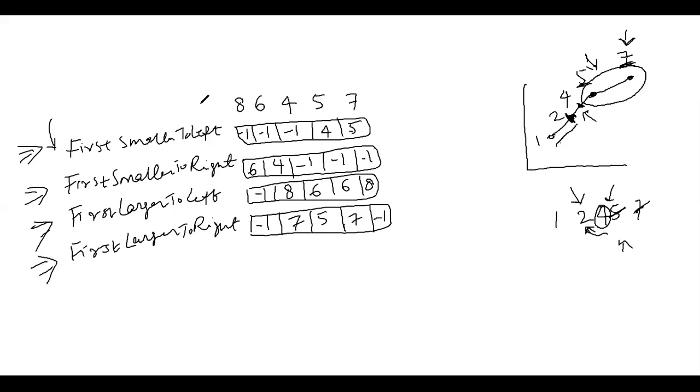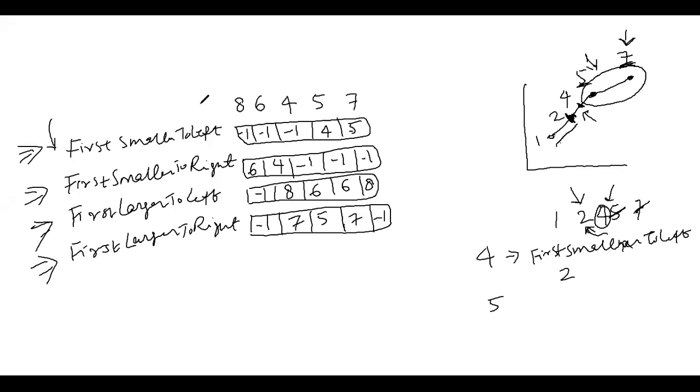So for me, for 4, I will say first smaller to left is 2, because when I got filled in here, 2 was on the top.